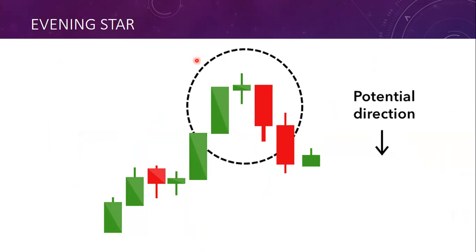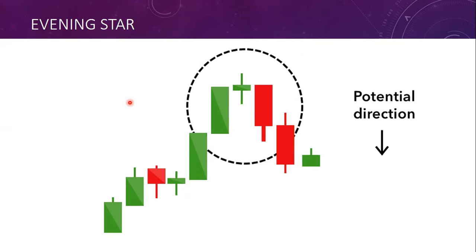Now we go to another pattern called evening star. The evening star is a pattern of 3 candles together.